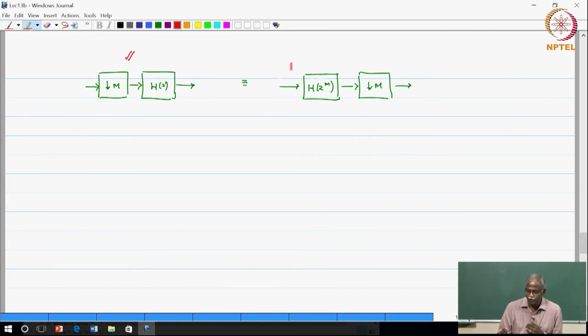You have to filter first and then downsample. So, if my processing before downsampling can be written as a filter which is h of z power m, which has the same exponent as the downsampling factor, then I have a very efficient implementation.